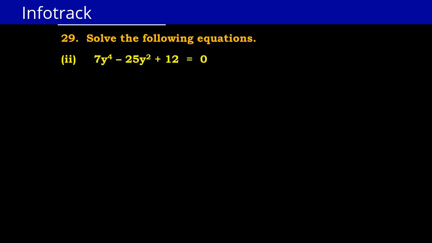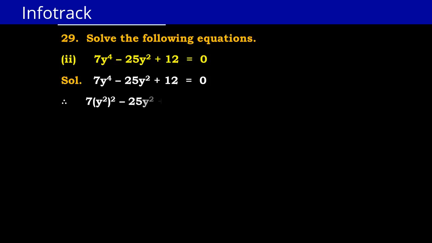7y raised to 4 minus 25y square plus 12 is equals to 0. So see again student, in this equation y raised to 4, that means highest power of y is 4. So this is not quadratic equation, but we can convert this in quadratic equation. So y raised to 4 we can write as y square square.